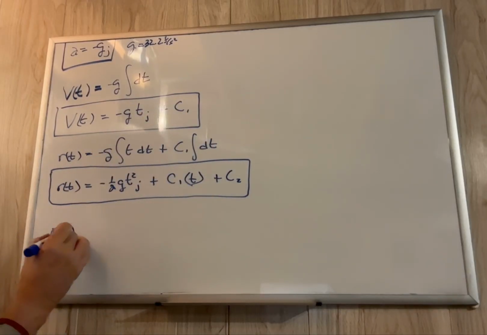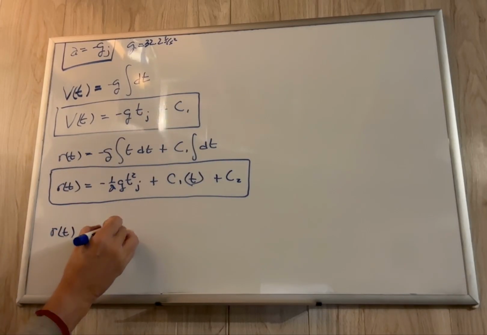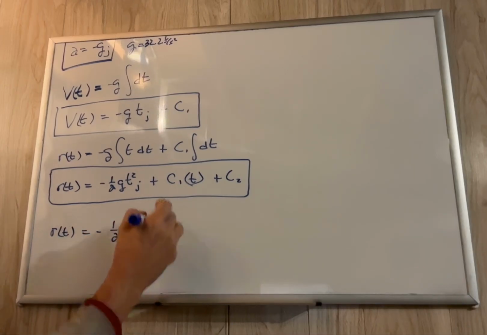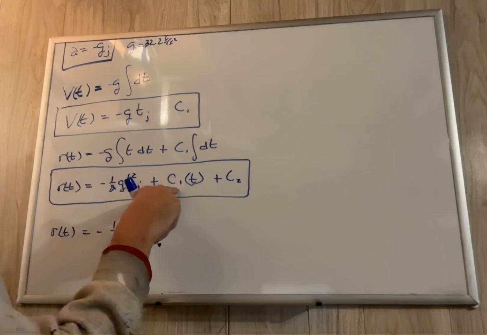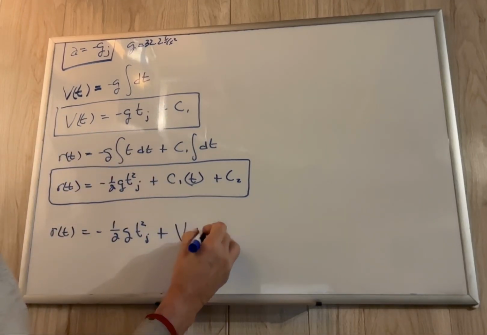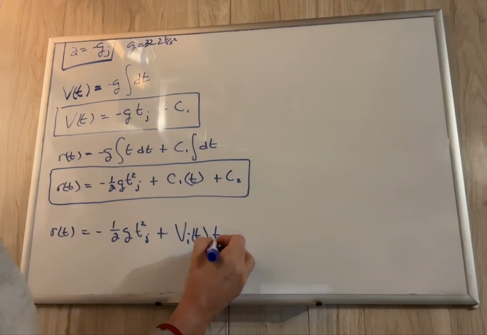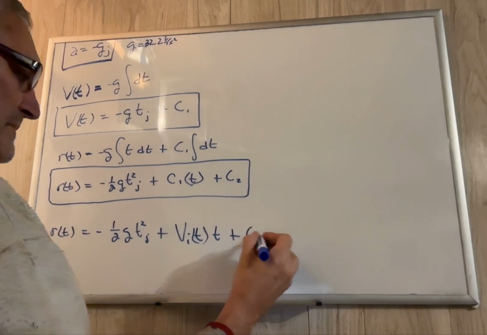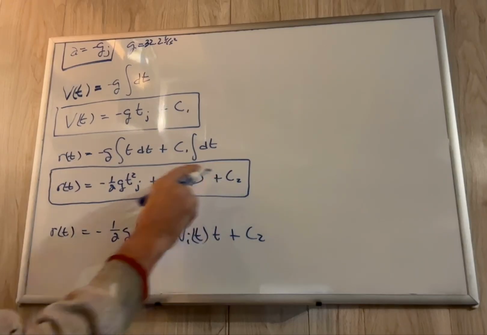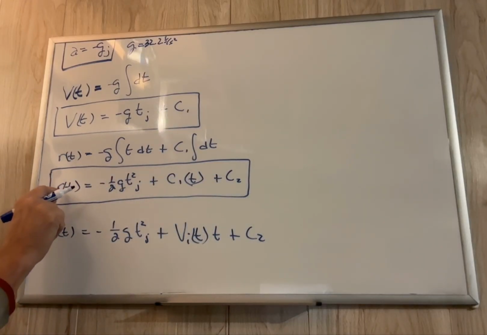Okay, let's look at that. So r of t is going to equal negative 1/2 g t squared in the j direction plus, we know what c1 is, it's actually the velocity initial, times t, plus c2, right? Well, c2 is right here. We can do the same thing as well.